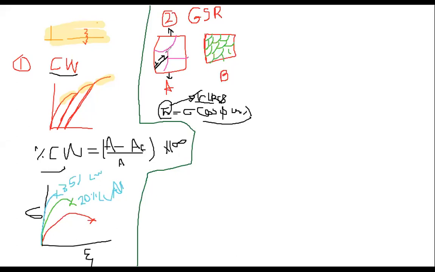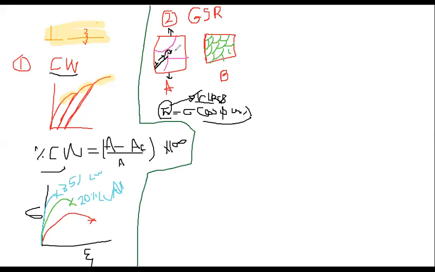So the dislocation needs more energy now in order to cross the grain boundary, right? It wasn't as easy as before when it was sliding on this plane. So we now need additional energy in order to let the dislocation move.